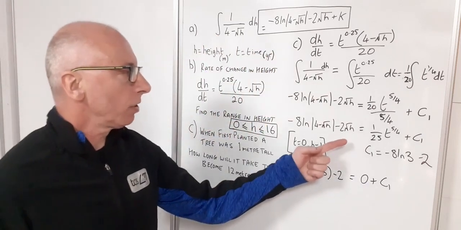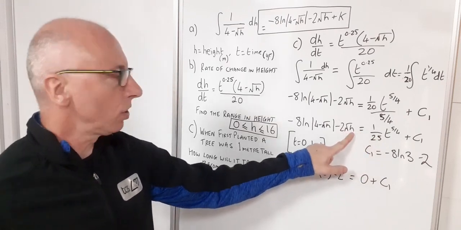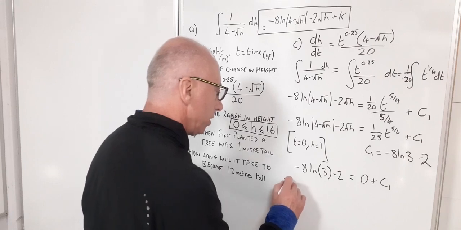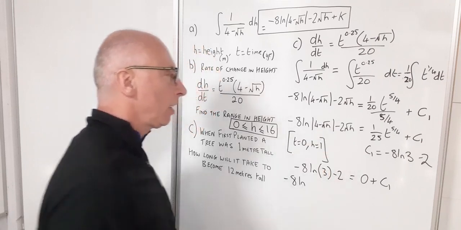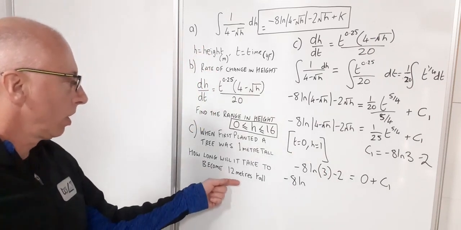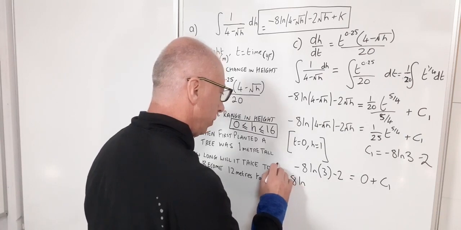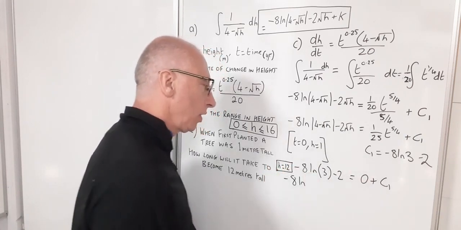So now let's try and solve for t when h is 12. So plugging in, I need minus 8 natural log of 4 minus square root of h, so 12 meters tall. So I now need h equals 12. Now I've got my constant of integration sorted.